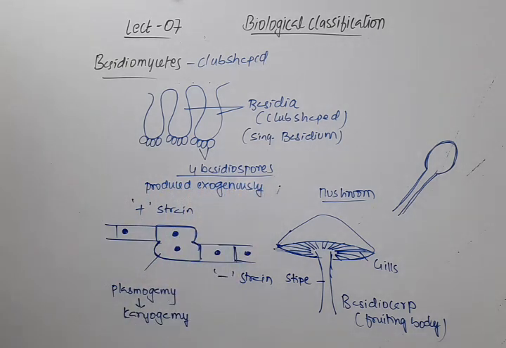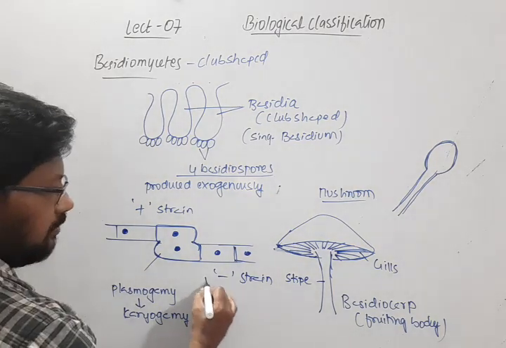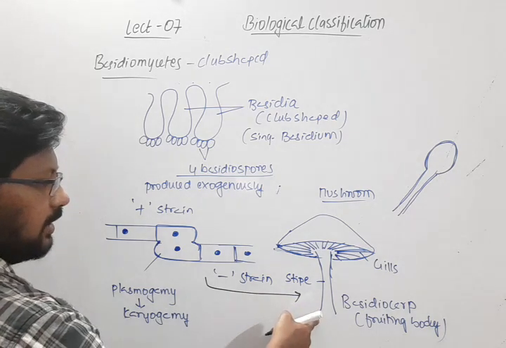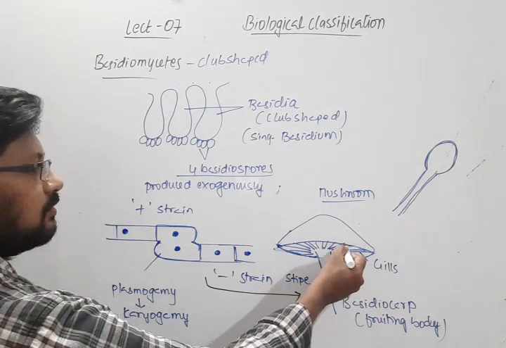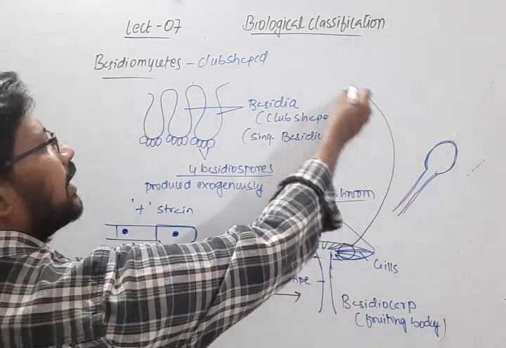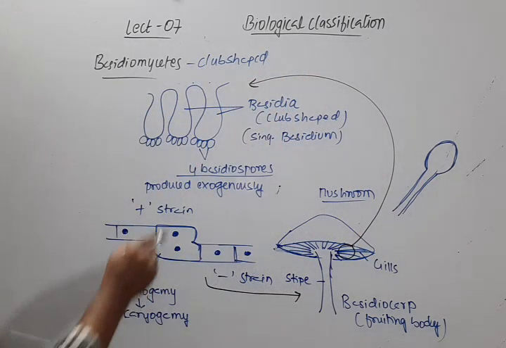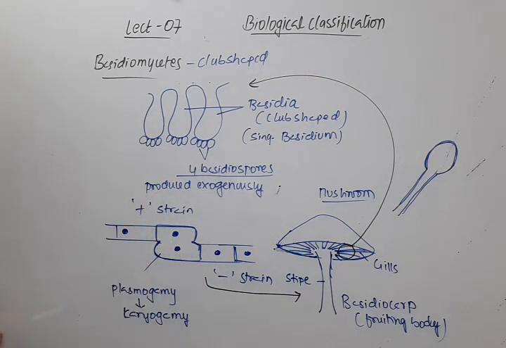This is how the process of sexual reproduction takes place in basidiomycetes, leading to this basidiocarp. This portion which I have enlarged, the gill portion, you see the basidia, and each basidium produces four basidiospores, produced exogenously.